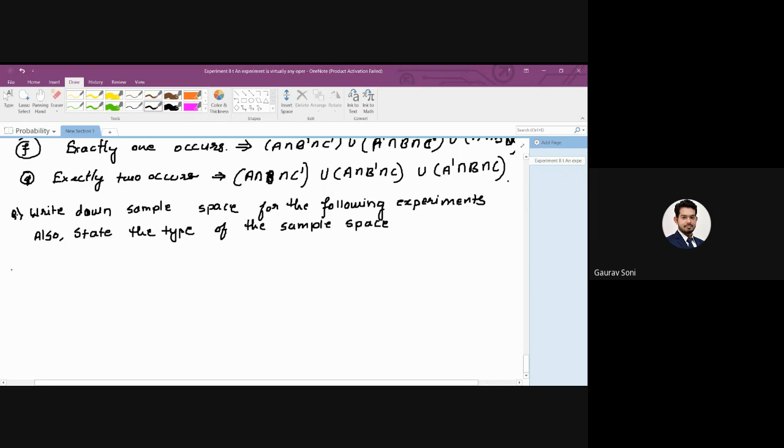In the first one, examination results are noted for 3 students.